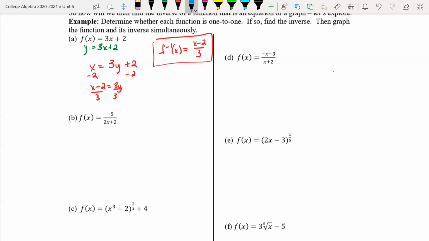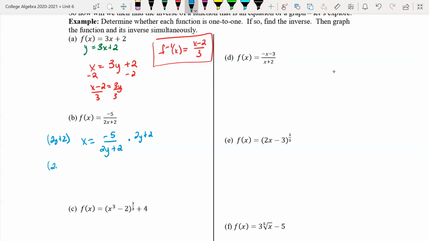Okay? Next one, negative 5 over 2x plus 2. Same thing. There is no absolute value or x squared in there. So I have an inverse. So I'm going to say x equals negative 5 over 2y plus 2. To solve this one, I'm going to multiply both sides by 2y plus 2.